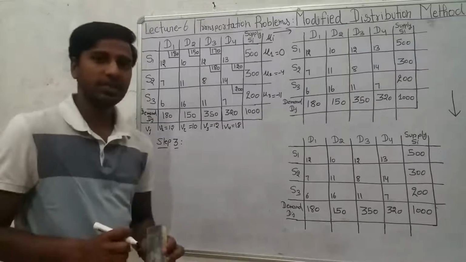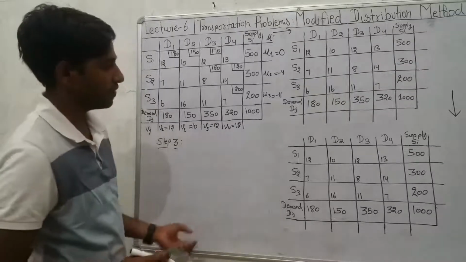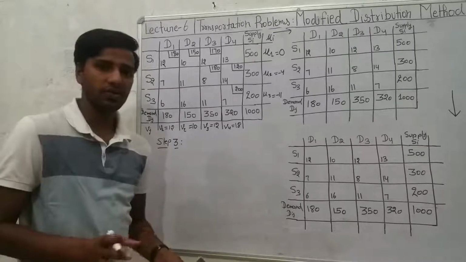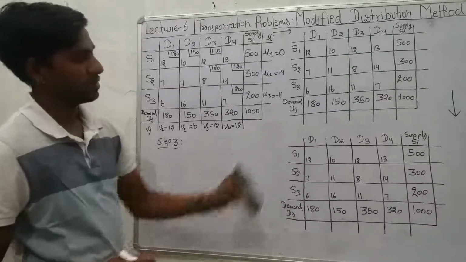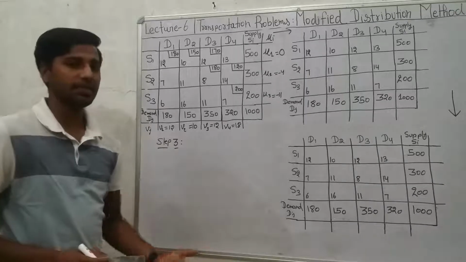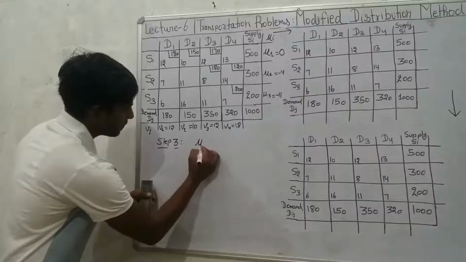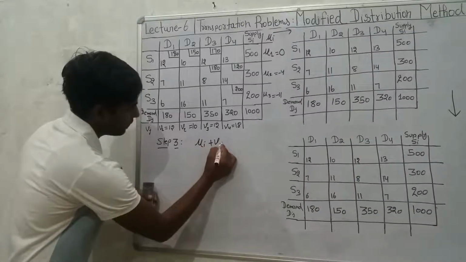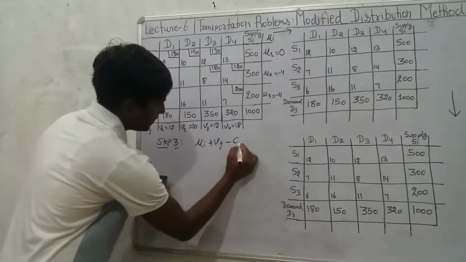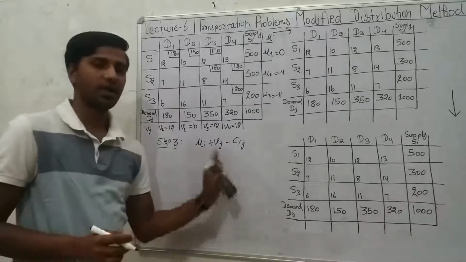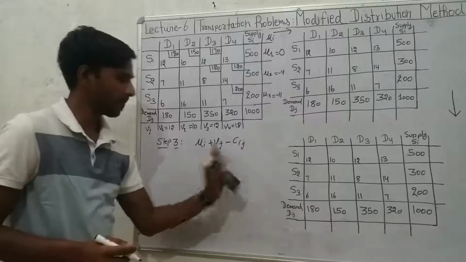If you remember, in the stepping stone method, we calculated the opportunity cost of the empty cells by tracing a loop, or by formulating a closed loop. But in this particular method, the formula would be Ui plus Vj minus Cij. This is the formula for calculating the opportunity cost of a particular empty cell.